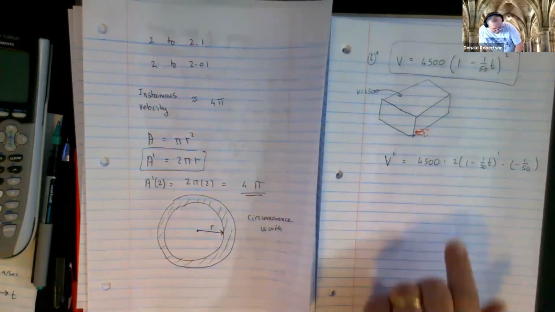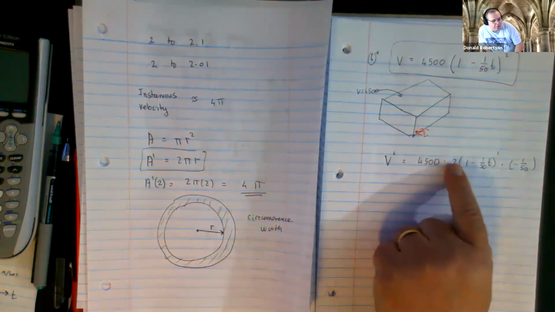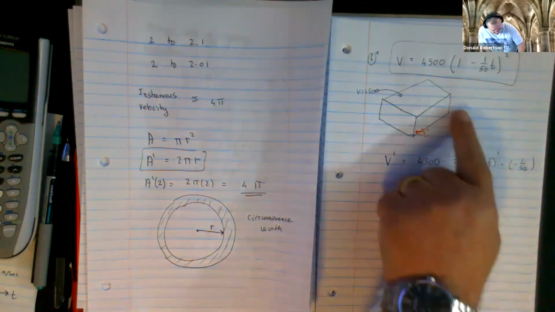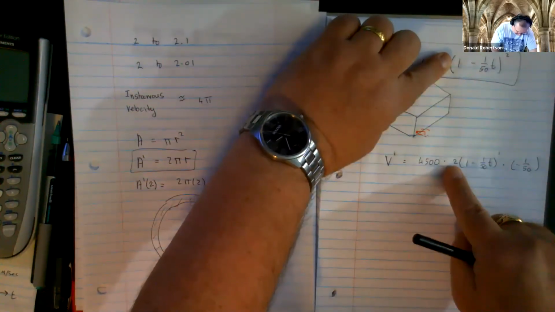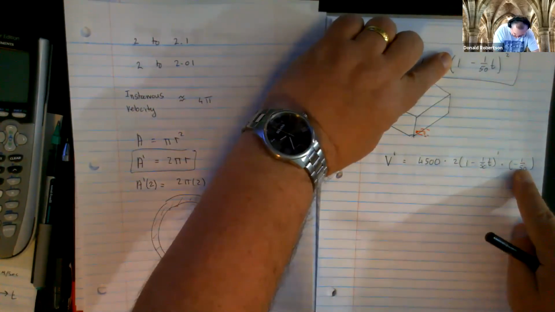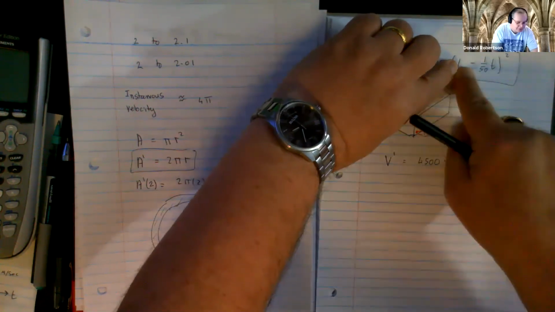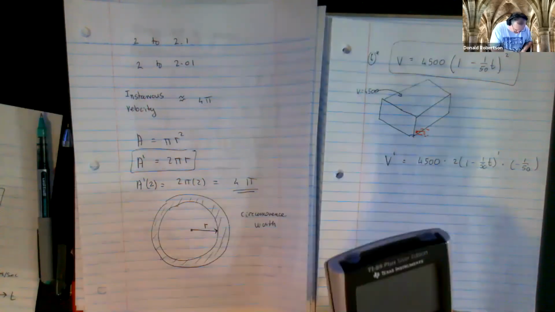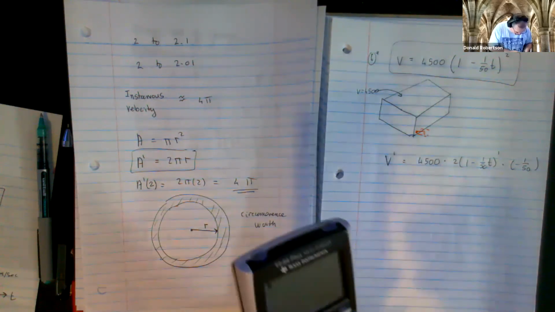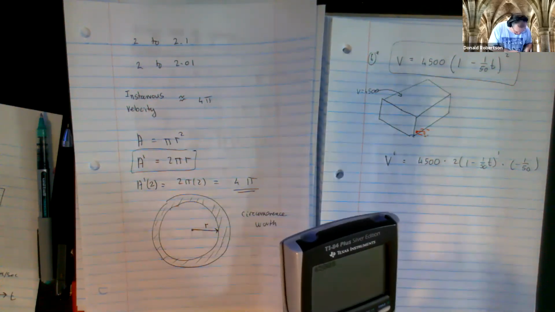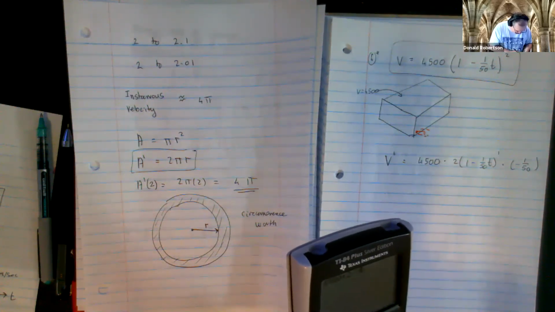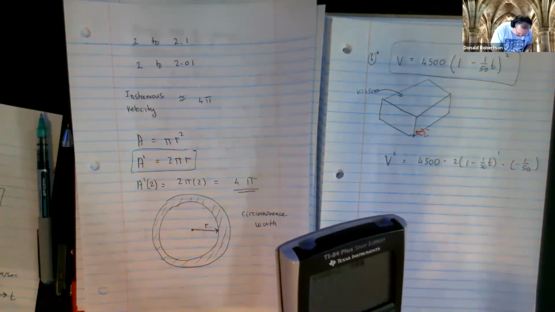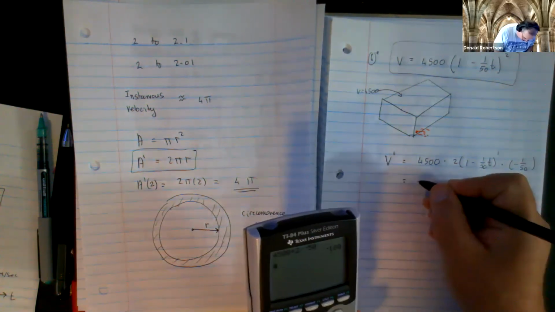Are you happy about the chain rule and where all these pieces are coming from? 4,500 something squared, 2 somethings, times the derivative of the something is the derivative of this guy. And that's where the negative 1/50 comes from. So I'm just going to take care of the numbers part right now. So 4,500 multiplied by a 2 and the negative 1/50th. And I get negative 180.